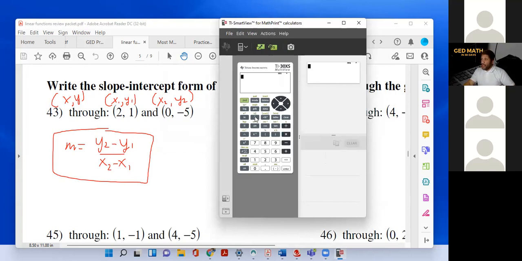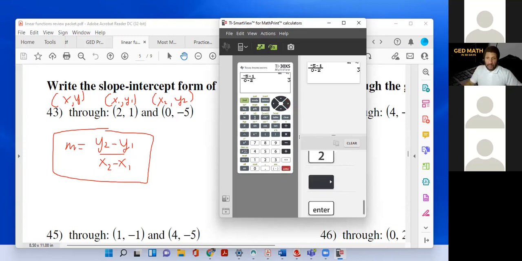So I want you to go, Y2 is minus 5, minus Y1 is 1. Hit your down arrow, X2 is 0, minus X1 is 2. Hit your right arrow, my slope is 3.